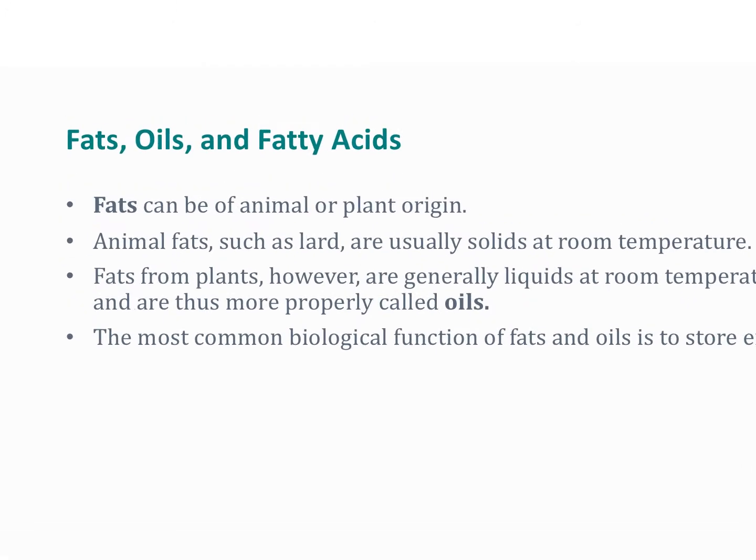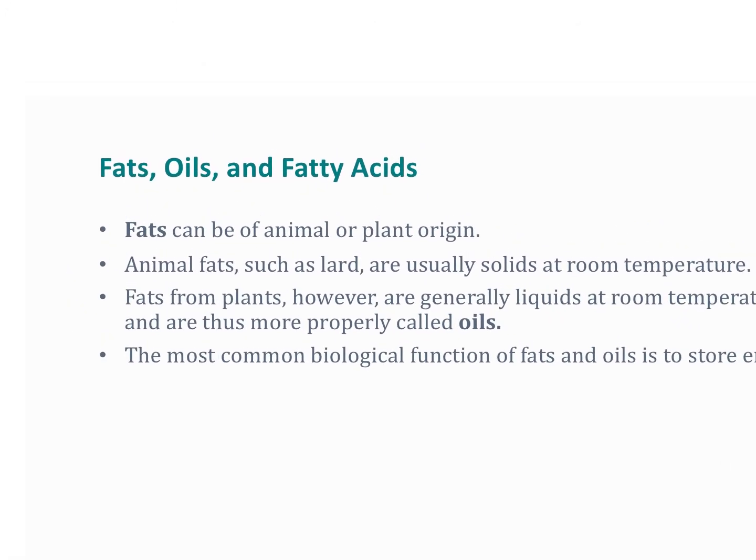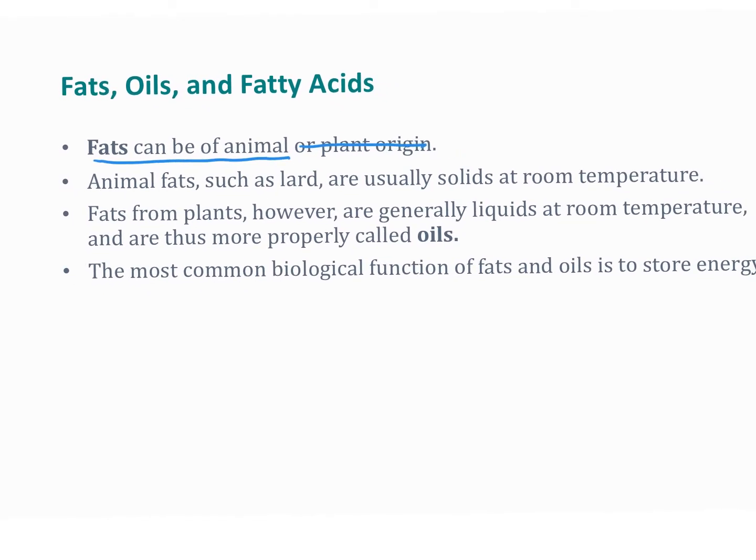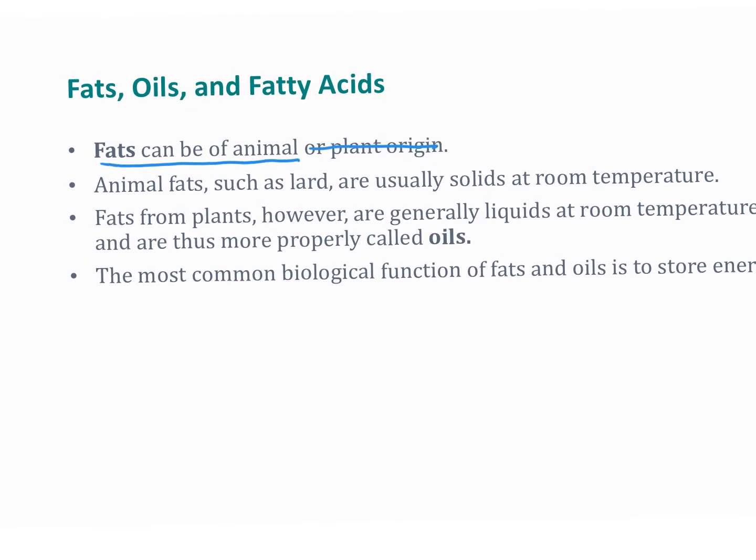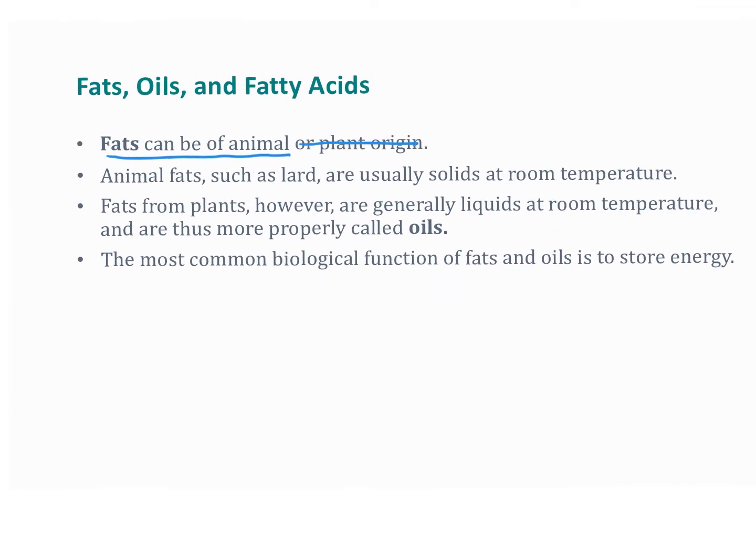Now, different books say different things, and your book is going to say fats can be of animal or plant origin. Most books make a distinction here and say fats come from animals and oils come from plants. And that's a distinction I want you to be aware of, because I'm not sure why the book didn't make this distinction, because every other book that I've ever had does.